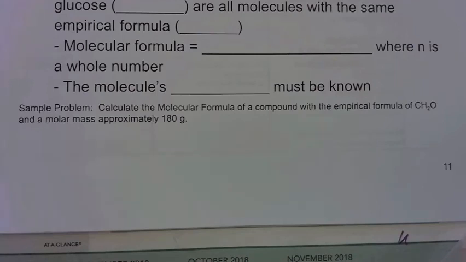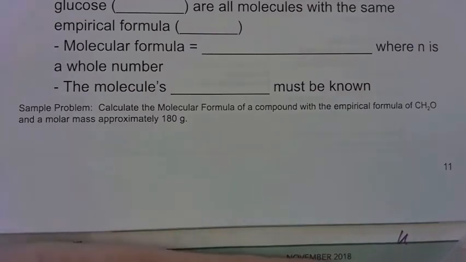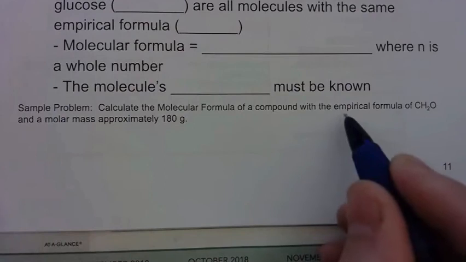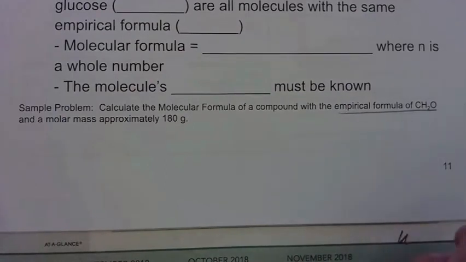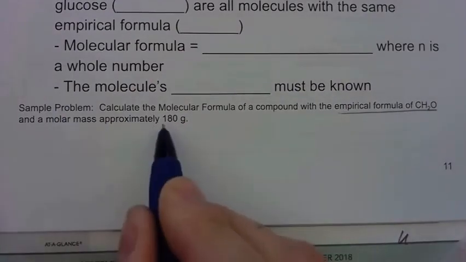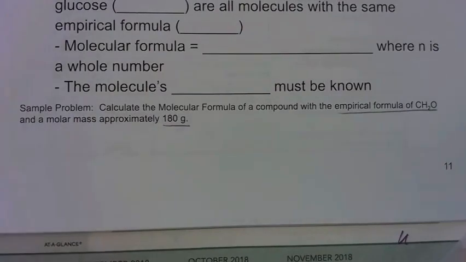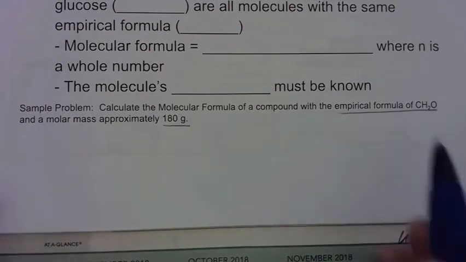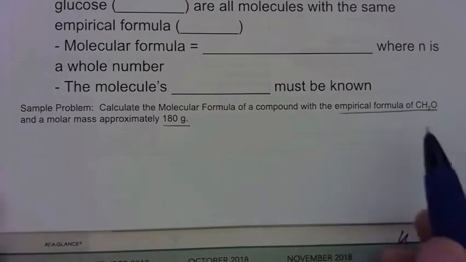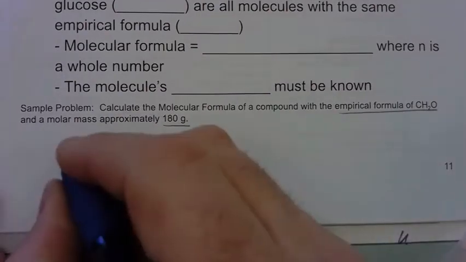Hi, this sample problem video is to help you figure out what the molecular formula for a compound is from its empirical formula. The two things that you need to start off with are the empirical formula and the molar mass of the actual molecular formula. So the first step is you figure out the molar mass of the empirical formula.